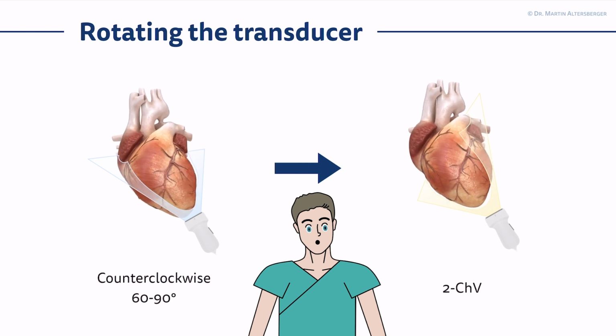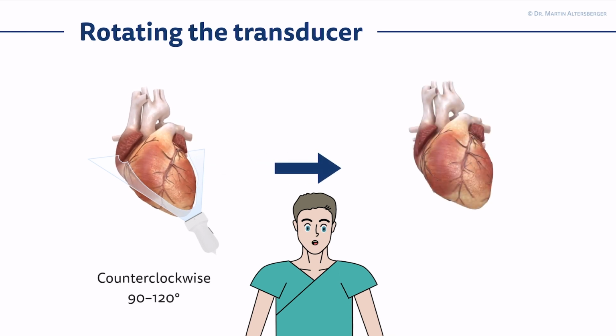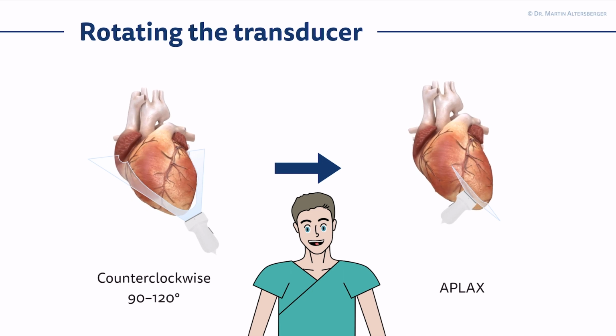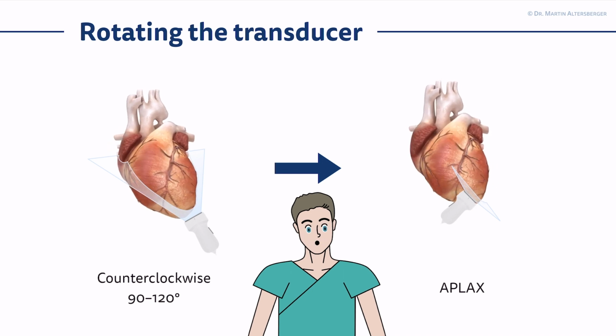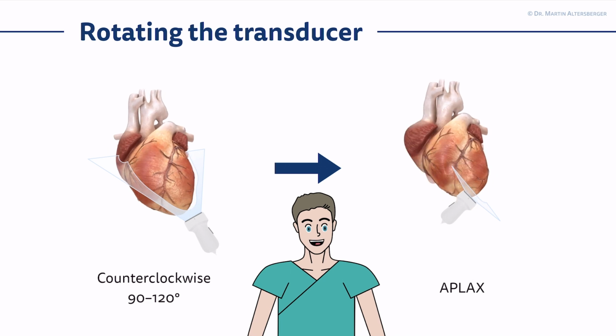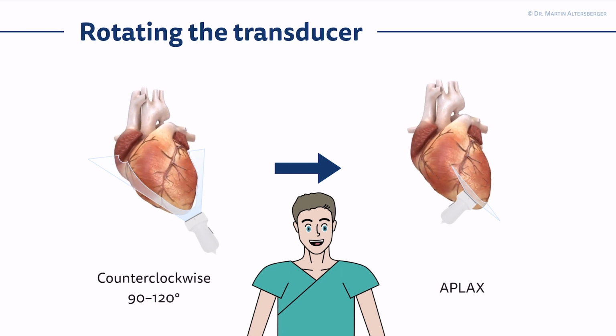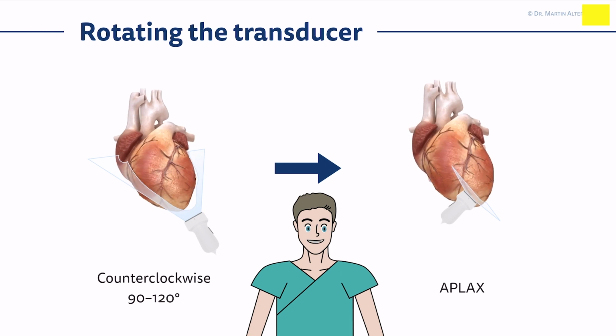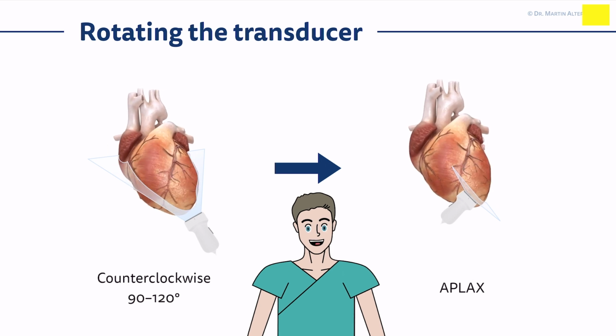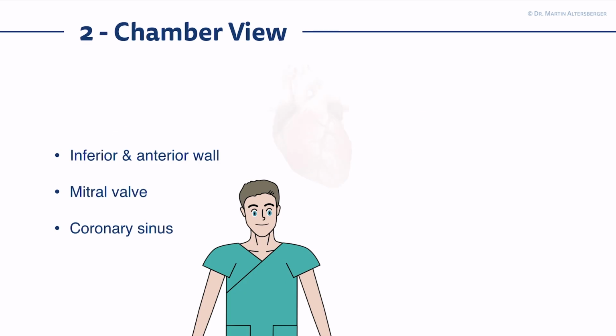And then if you continue more, 90 to 120 degrees, you find the apical long axis view. It's called apical long axis because it's simply the same structures you have seen with the parasternal long axis view. If you want to see the parasternal views, there's an entire video designated for only the parasternal long axis view.